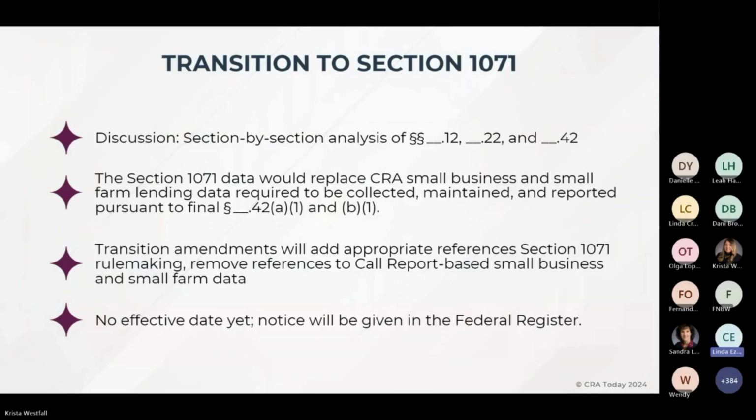Let's talk about the next slide, though, about some of the elements that I recommend that you start to address. I suggest that you look section by section, 12, 22, 42, just to level set around the new rule. There's also a great discussion around section 1071, because the proposed rules, the final rules, all anticipated section 1071 coming into play.